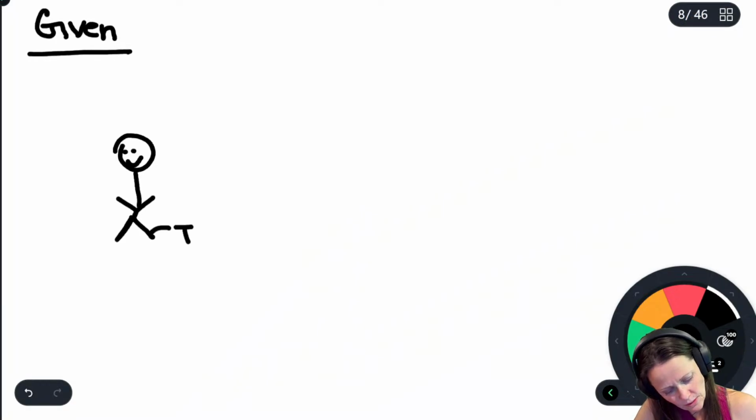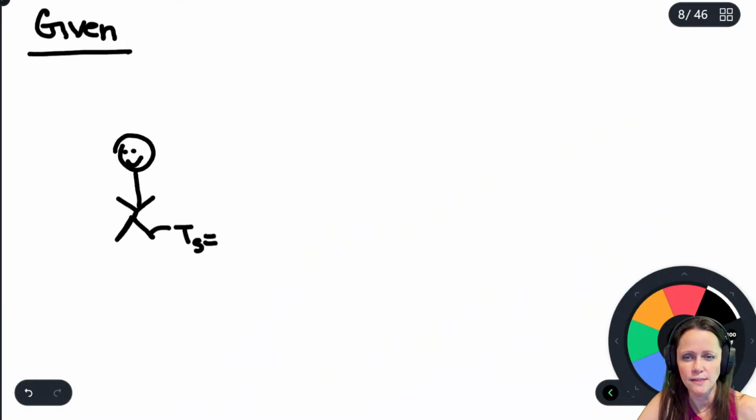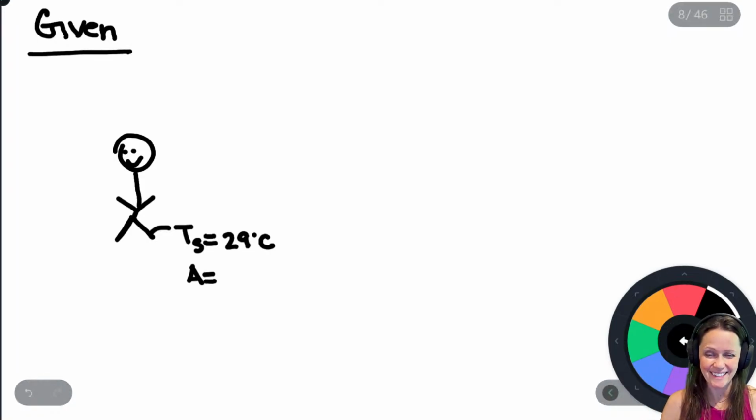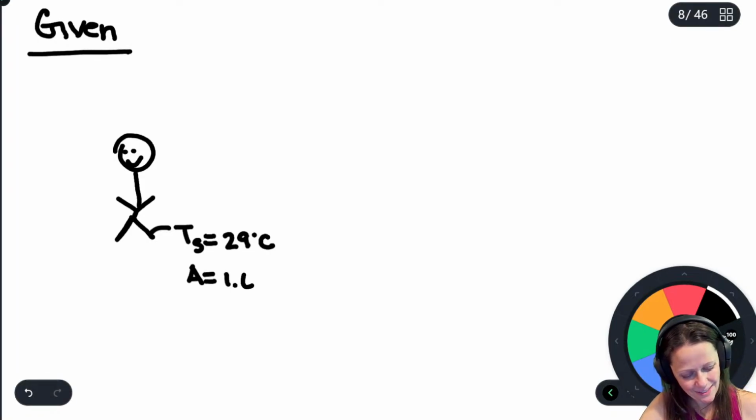The surface of his skin is, what was it, 29 degrees. The surface area of his skin through which he's losing heat is 1.6 meters squared.